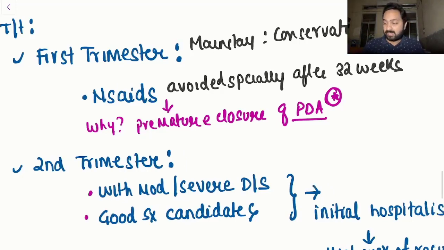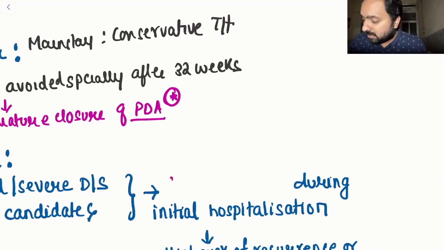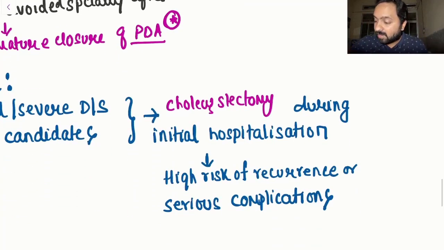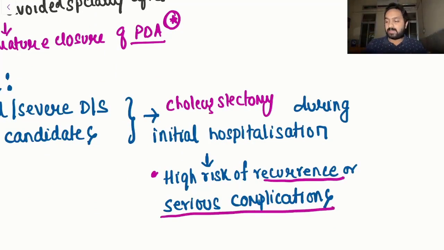In the second trimester, with moderate or severe disease and patients who are generally good surgical candidates, we do a cholecystectomy. This is done during the initial hospitalization, because of the high risk of recurrence or serious complications subsequently.